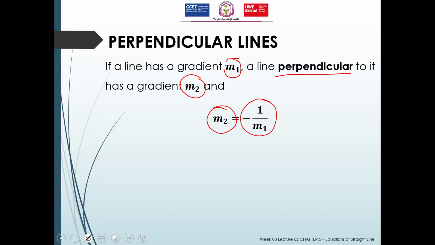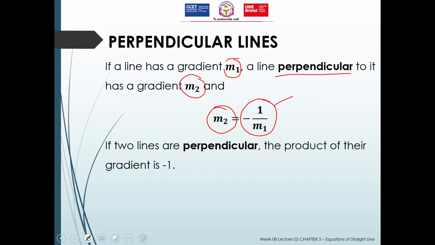This says the gradient of the second line is the negative reciprocal of the gradient of the first line. In other words, two lines are perpendicular if the product of their gradients is negative 1. So if you multiply m sub 2 times m sub 1, you should get negative 1.